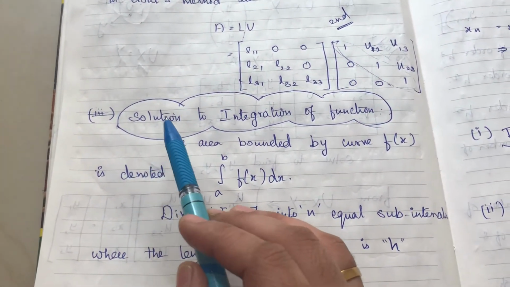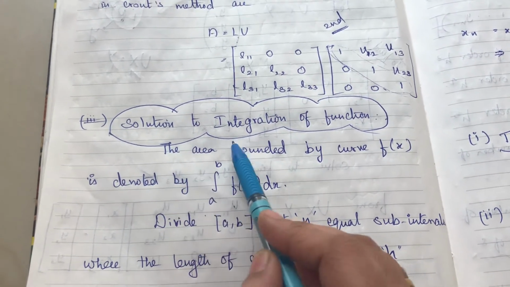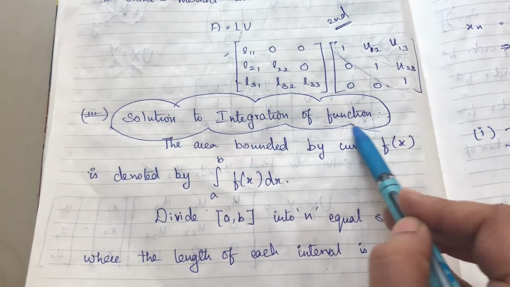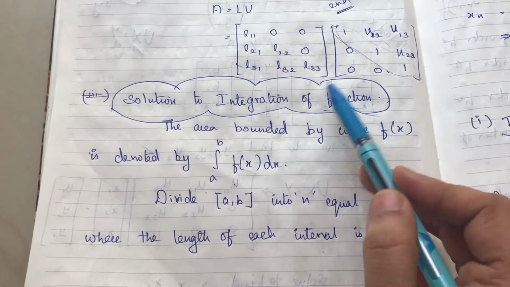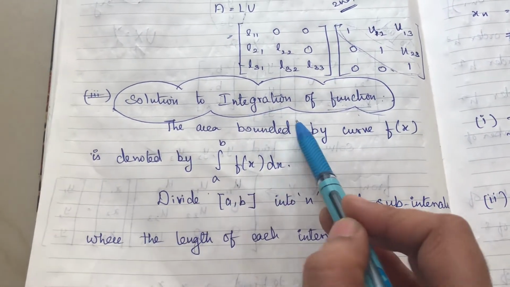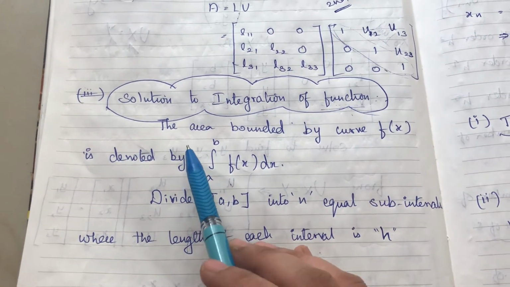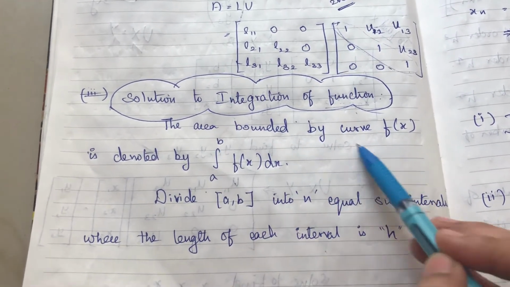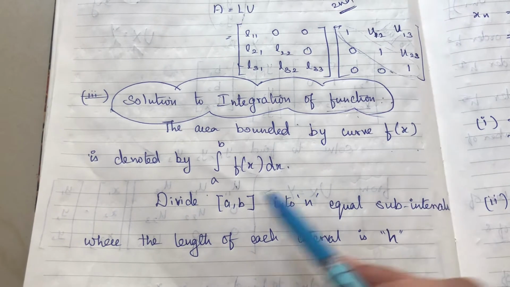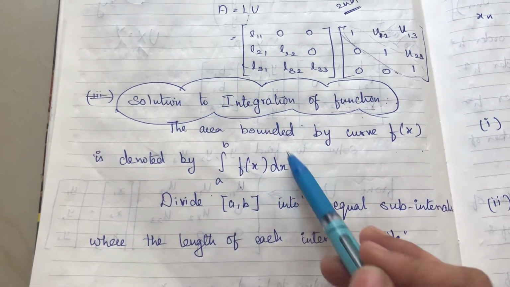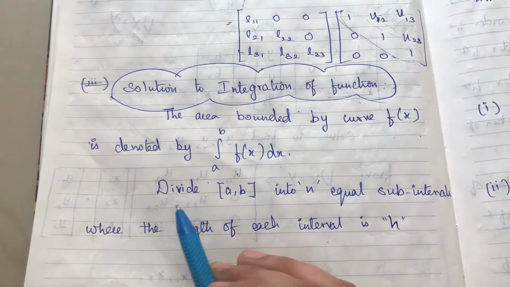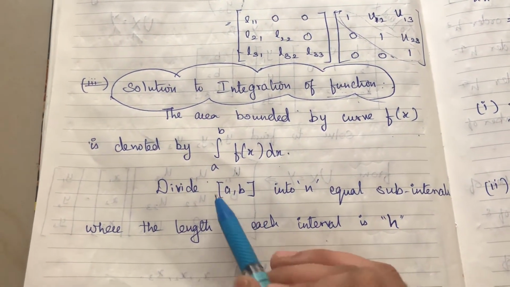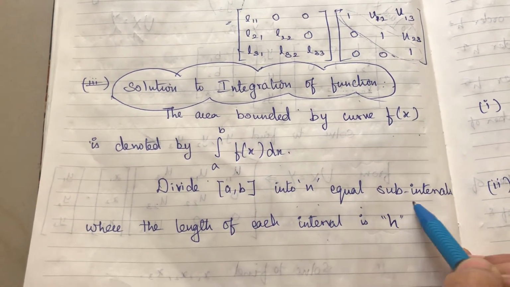Then the next one, the solution to integration of functions. For a function in integration, we need the solution for that. The area bounded by the curve f of x can be expressed as an integral with the limits A and B. We divide the interval AB into n equal subintervals.